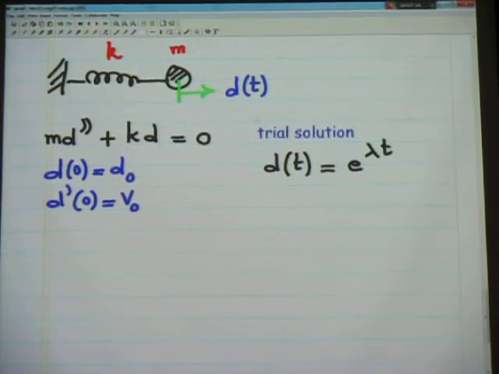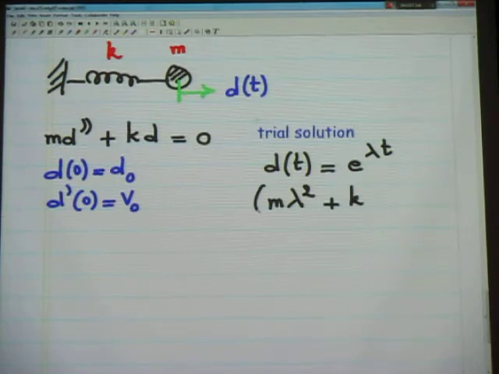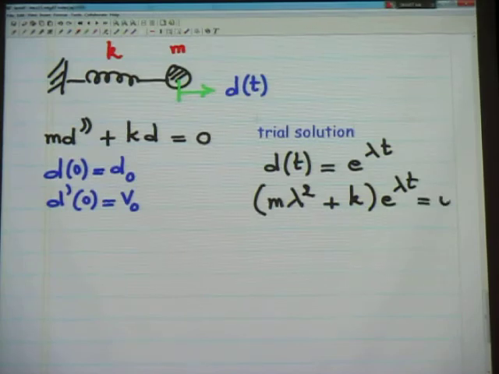When you differentiate twice and replace into the differential equation, you have m lambda squared plus k, times e to the lambda t, equal to 0.